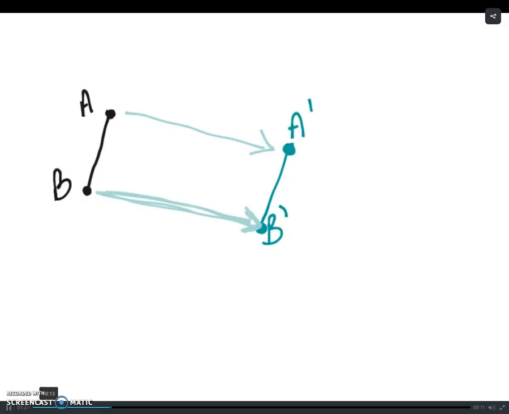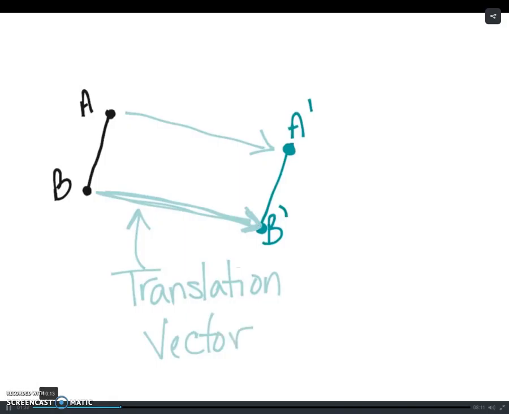One new term that we're coming up with here, these light teal arrows, these are called vectors. They're actually translation vectors. This is a translation vector. And it tells you what direction and exactly how far to move your figure. Now that figure can be anything from a point all the way up to a polygon of any sort.